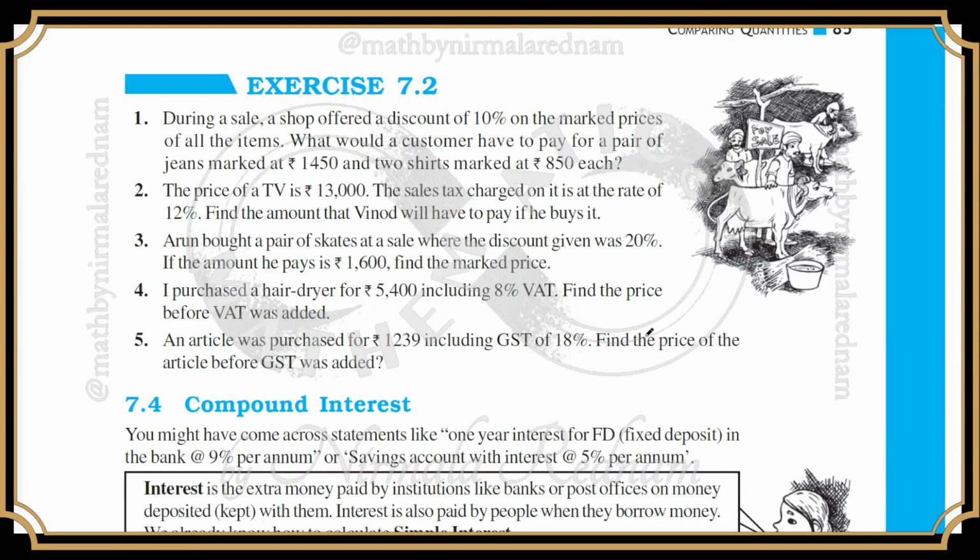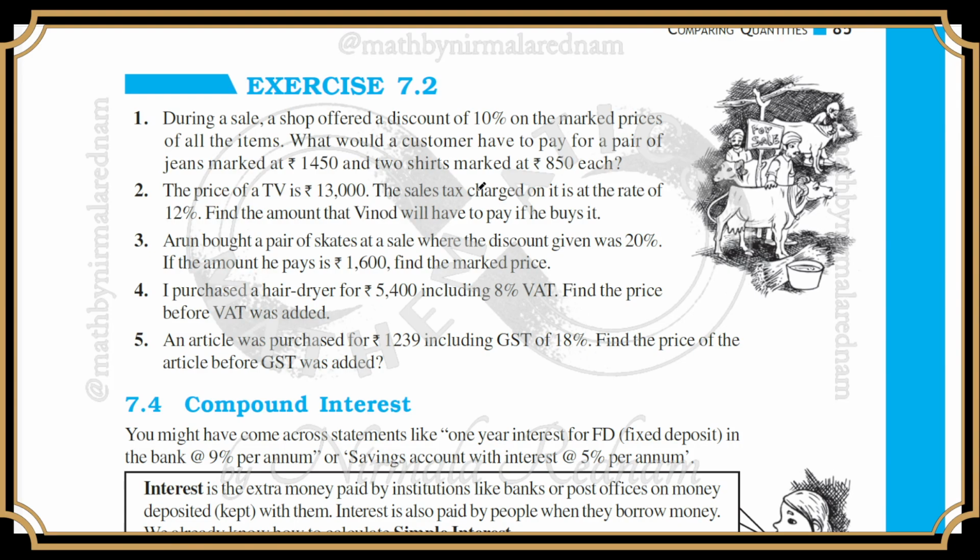Next, so let's look at the first question. During a sale, a shop offered a discount of 10% on the marked prices of all the items. What would a customer have to pay for a pair of jeans marked at 1450 and two shirts marked at 850 each? Right?